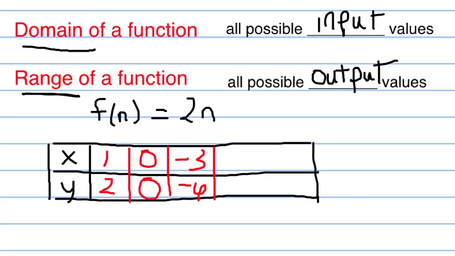If I have 5 for x, then y is going to be 10. Okay, so we're just putting values in for x, multiplying them by 2 to get our output, so that we are seeing how our domain, input, and range correspond with each other.